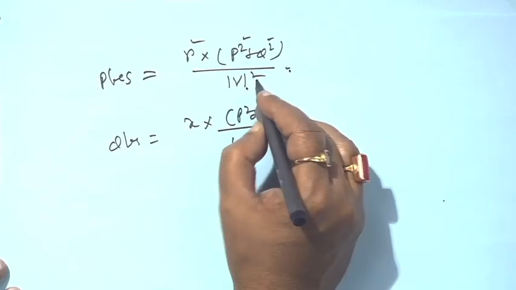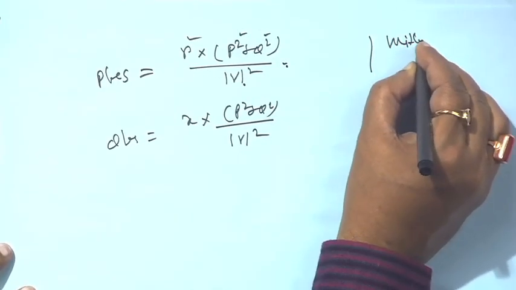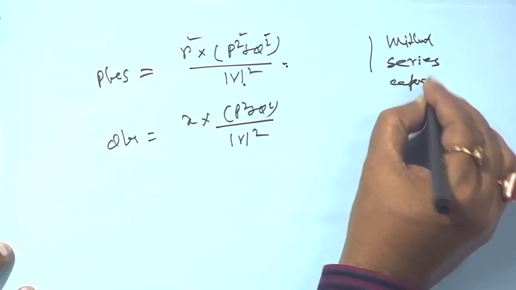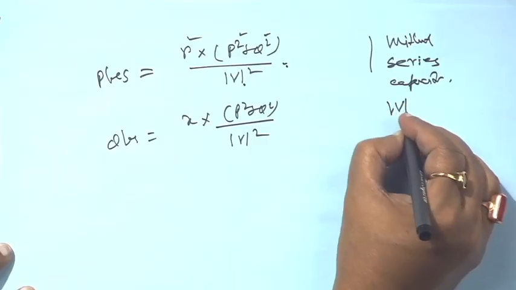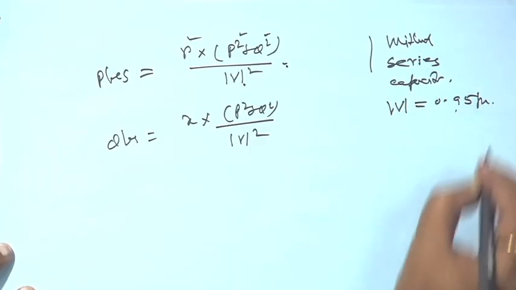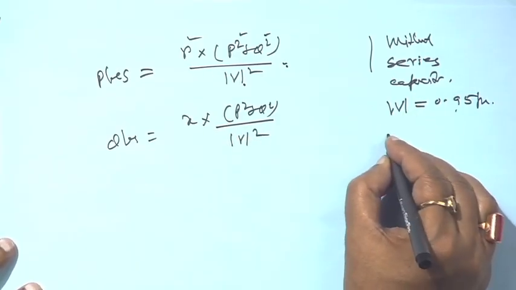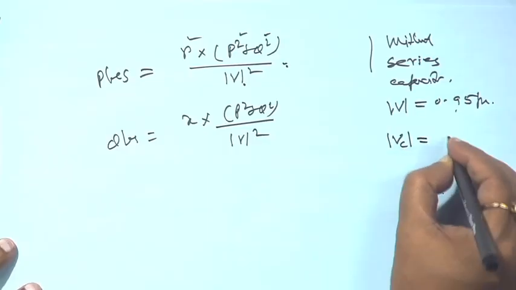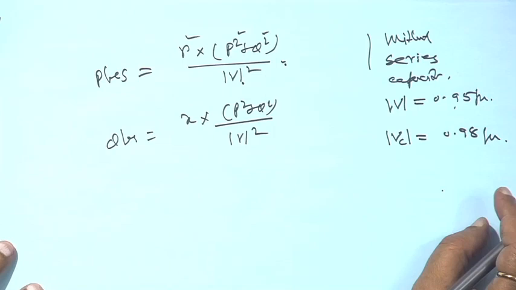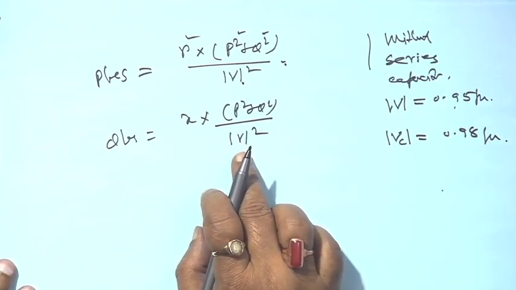Suppose, for example, without series capacitor, the voltage magnitude V was 0.95 per unit. And with series capacitor, when you put the series capacitor, it becomes 0.98 per unit, so the voltage has improved. As soon as this voltage is improved, basically the denominator is increasing, right.